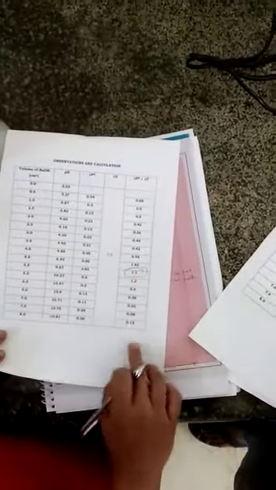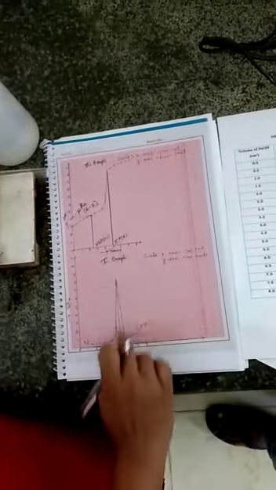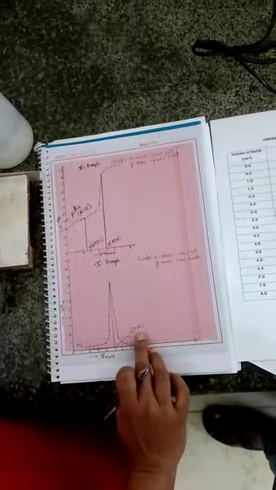So now when we plot a graph, there are two graphs to be plotted for pH metry. In the first graph, delta pH by delta V versus volume of NaOH is plotted, where you get the equivalence point. The peak represents the equivalence point.